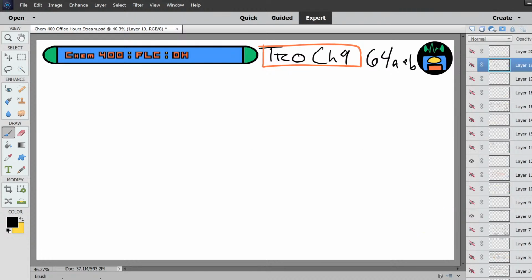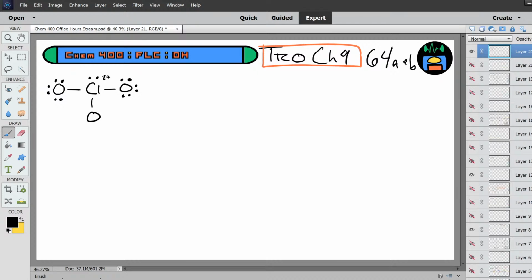Now I want to point something out. In the previous problem, initially we had this Lewis structure for chlorate, ClO3 with a -1 charge. You'll see we got 3 negative charges and a +2.